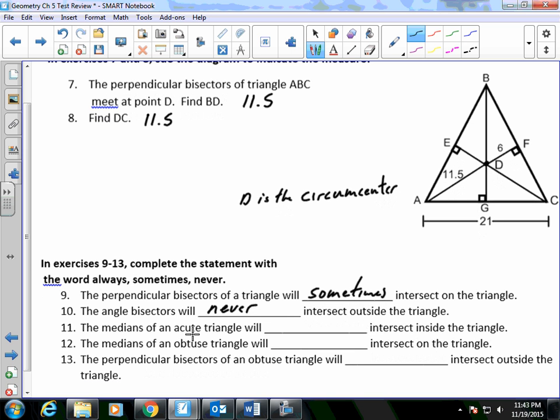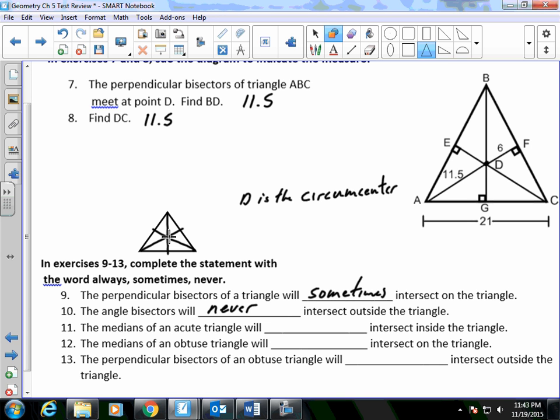11, the medians of an acute triangle will always, sometimes, or never intersect inside the triangle. And once again, if we look at an acute triangle, remember the medians go from a vertex to the midpoint of the opposite side, so just freehanding from the vertex to what looks like the midpoint of the other side for each one.